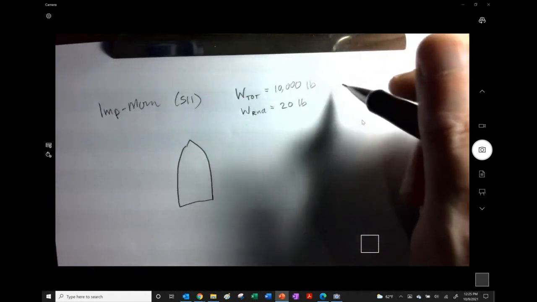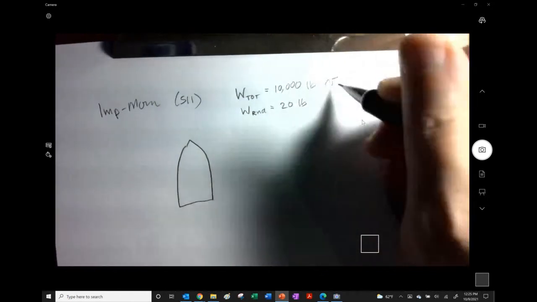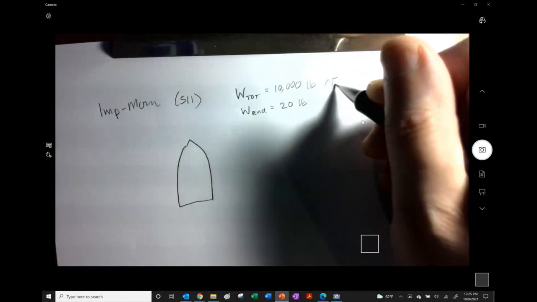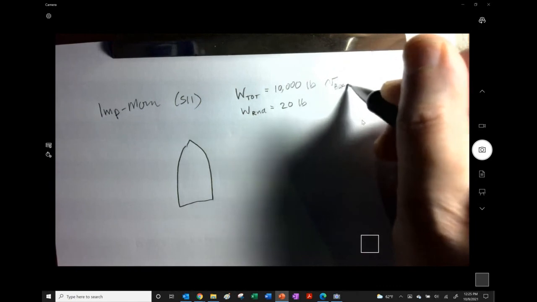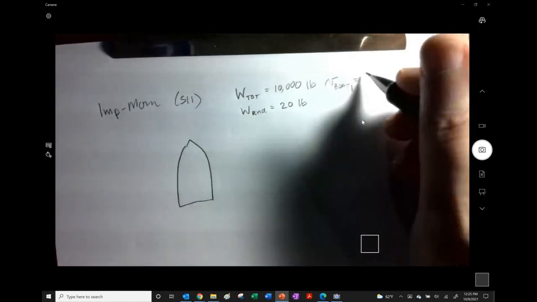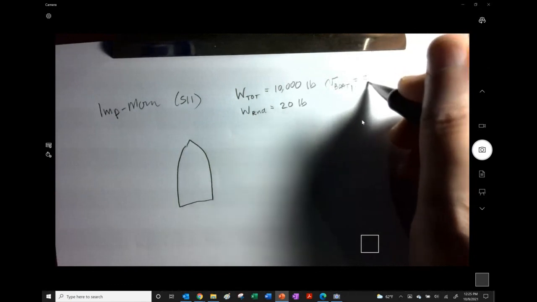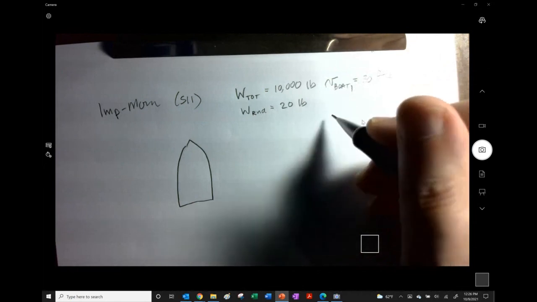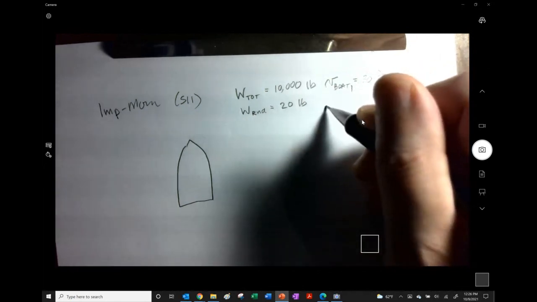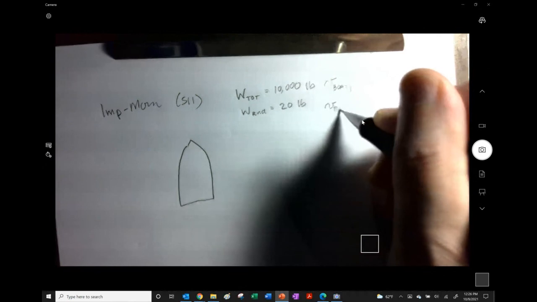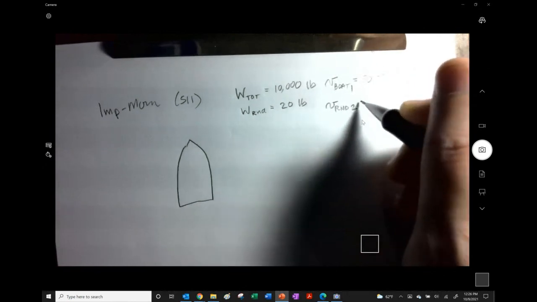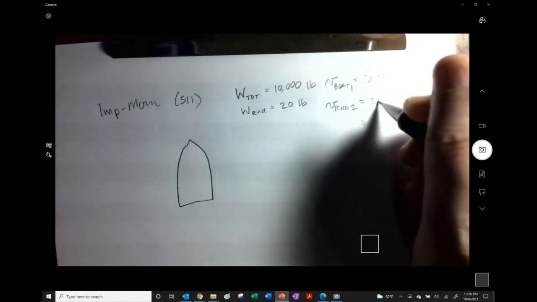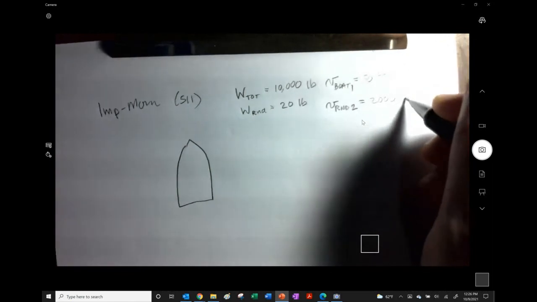And the initial velocity of the boat, B-O-A-T, the initial velocity 1 is going to be 30 feet per second. And the velocity of the round, R and D, we'll say 2, is going to be 2,000 feet per second.